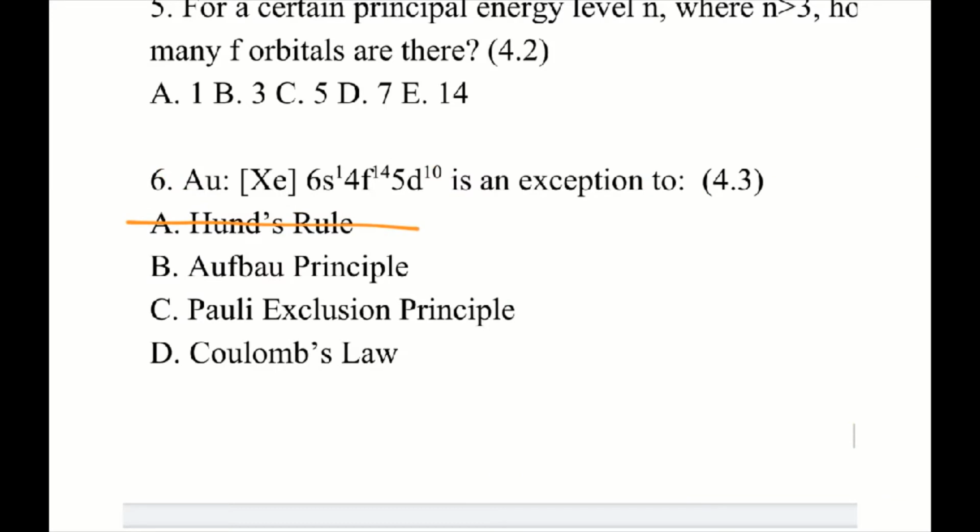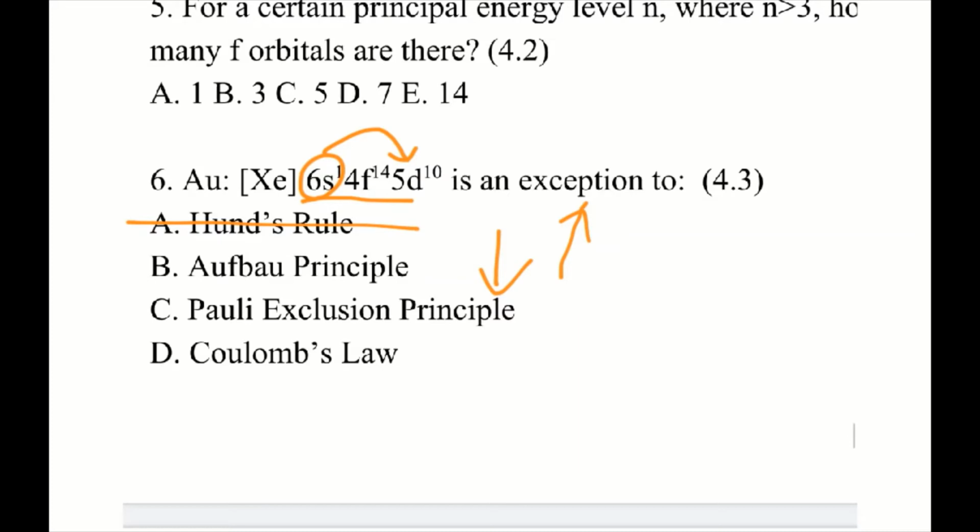Well, for this idea, remember, the Aufbau principle states that the electrons have to fill in the lower energy levels before going up. In this case, these are written in order in terms of energy. So the gold skipped 6s and went straight to the d sublevel, if you might remember from the video.